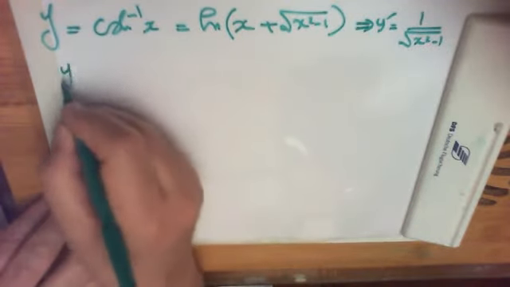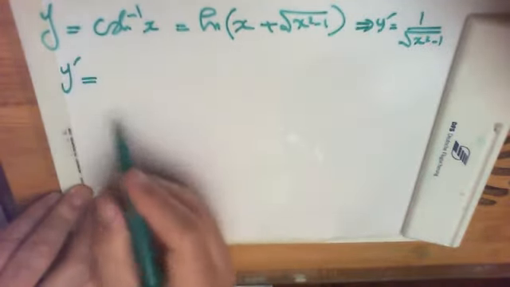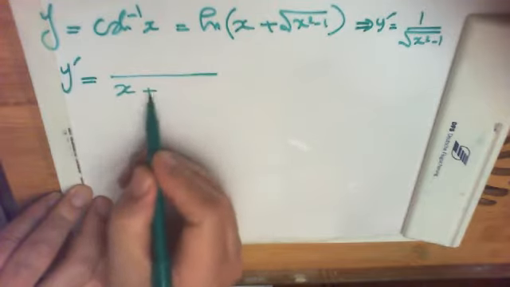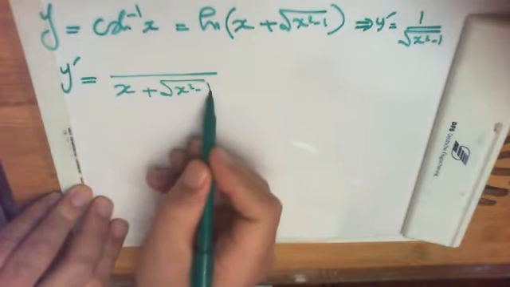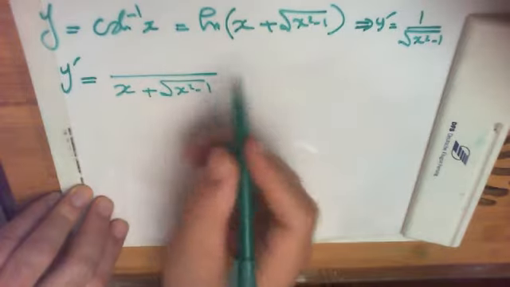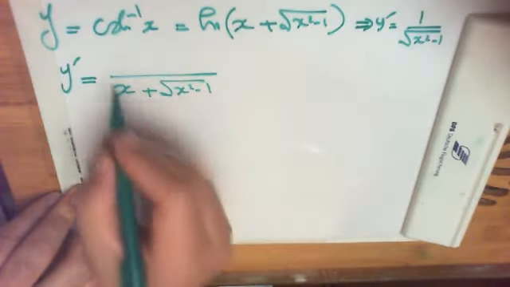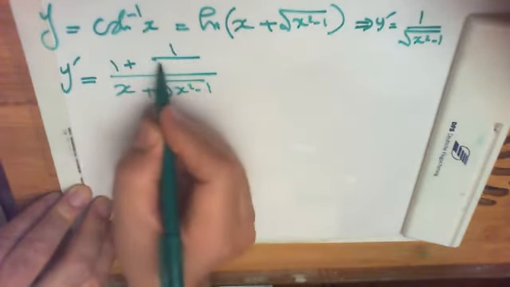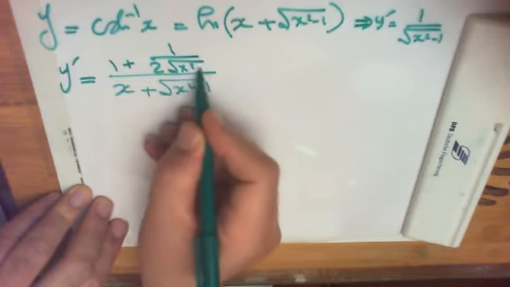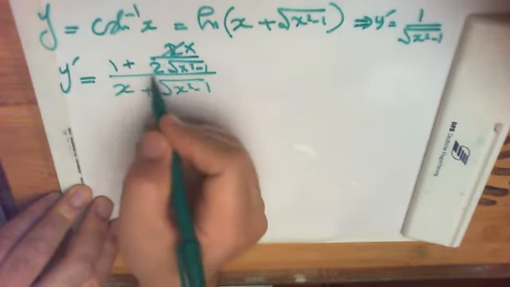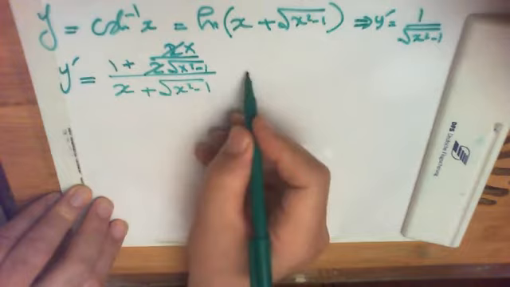As you see, y dash equals the derivative of ln, which is 1 over x plus root x squared minus 1, multiplied by the derivative of this argument, which is 1 plus 1 over 2 root x squared minus 1 times 2x. 2 is 2. Simplify.